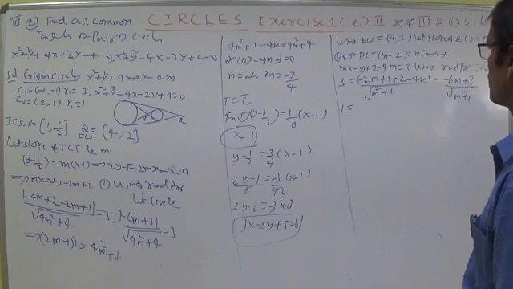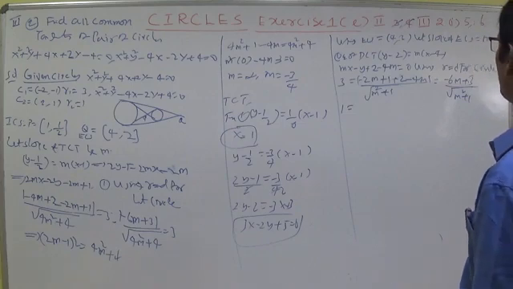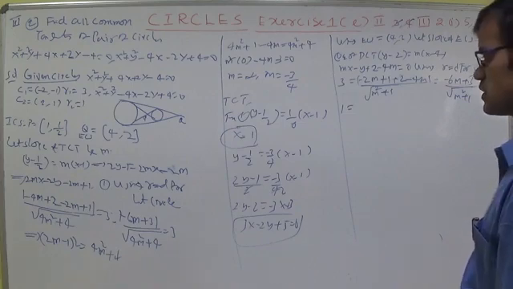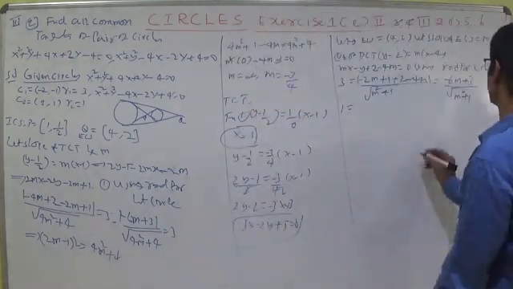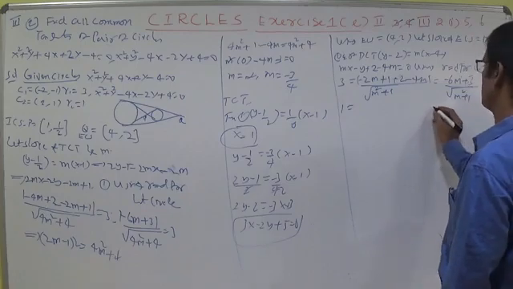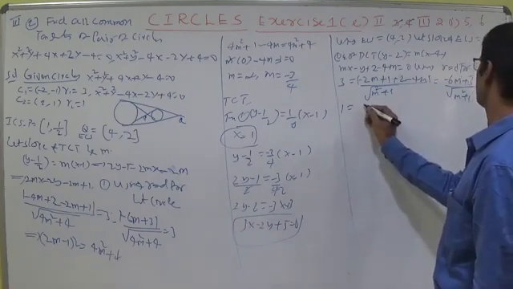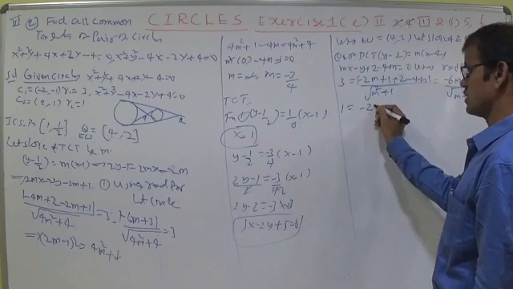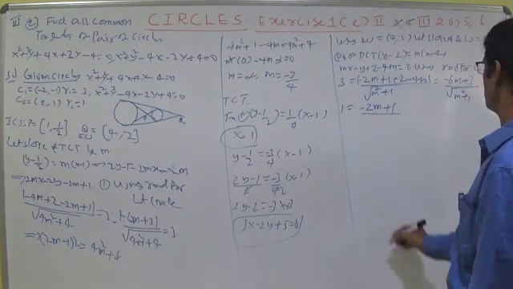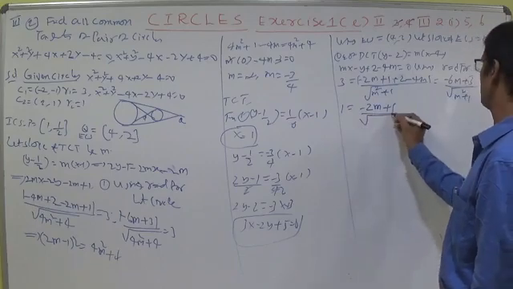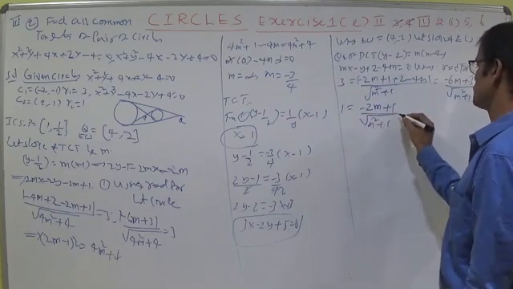Again using this one, with the tangent through 4 comma 2, y minus 2 is equal to m into x minus 4. Let us discuss r1 by 2.